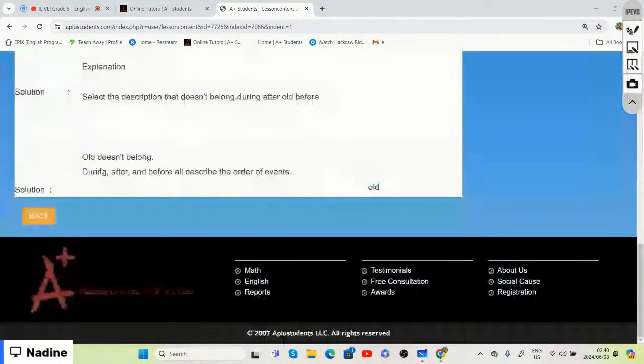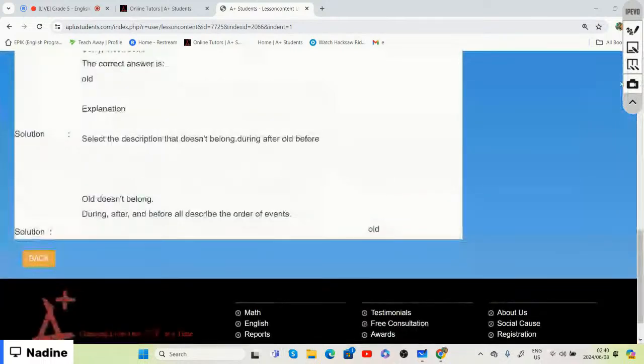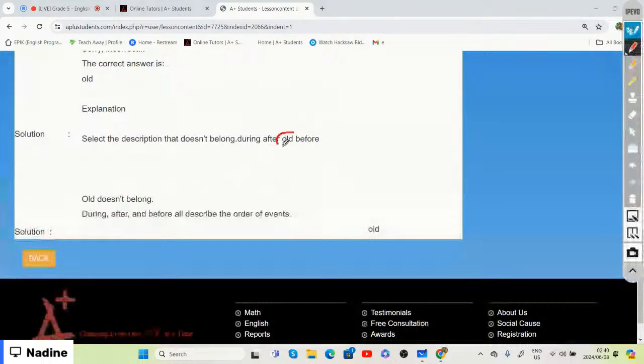And if we look at that, then we will say old doesn't belong there, right? Old doesn't belong there because it's during, it's after, it is before, and it has order of events. It can either be during, after the event, or before. So well done. Now we're going to our test.